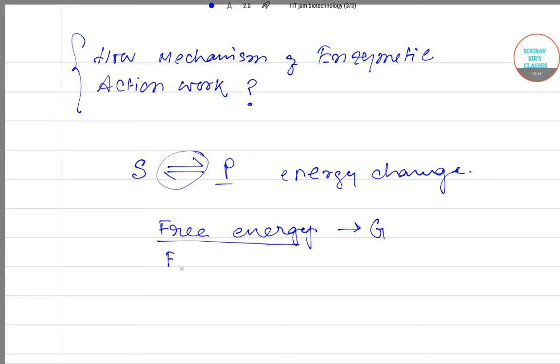The free energy change, we show it as del G dash degree.